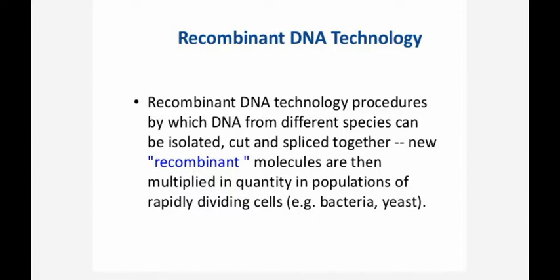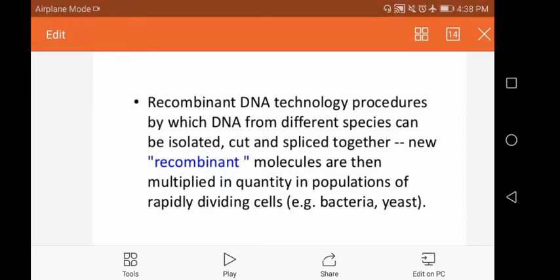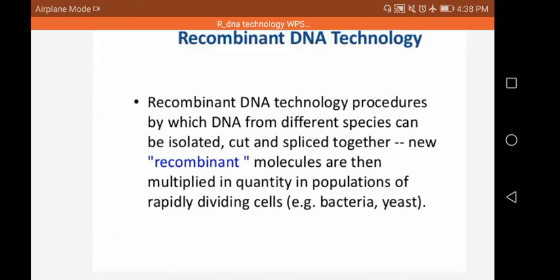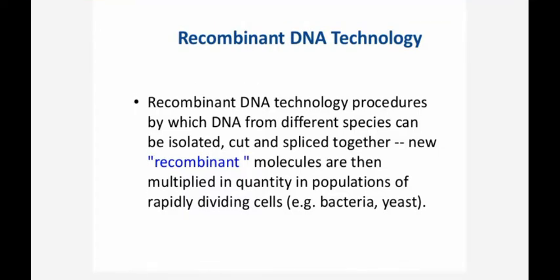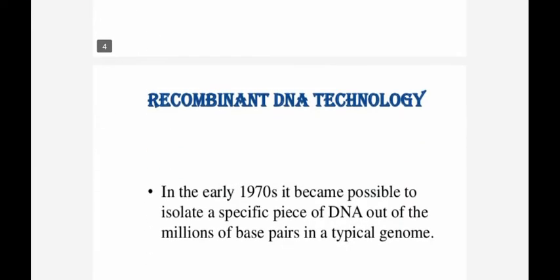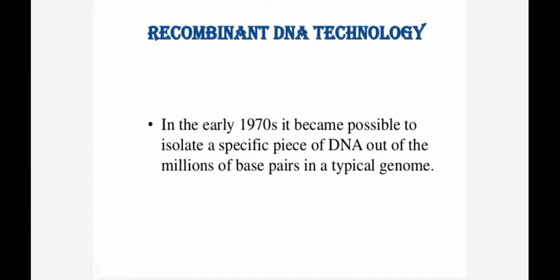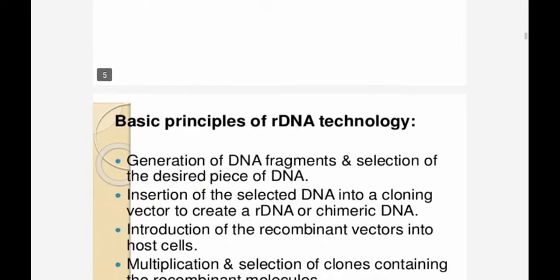Then this rDNA, or recombinant DNA, is multiplied in quantities with the help of a vector, that may be bacteria or yeast. In the early 1970s, it became possible to isolate a specific piece of DNA out of the millions of base pairs in a typical genome.